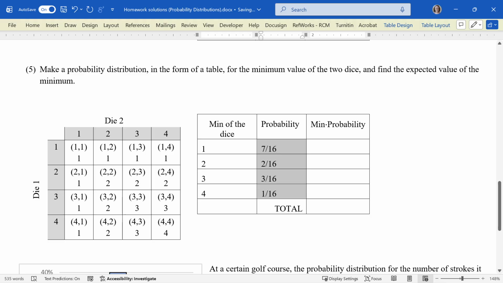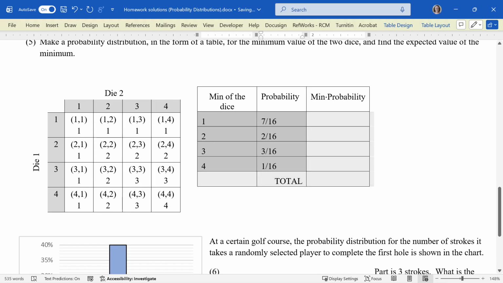So now we don't have a symmetrical probability distribution, so it becomes harder to predict what the expected value should be. Okay, so now min times probability: 1 times 7, 2 times 5, 3 times 3, and 4 times 1.